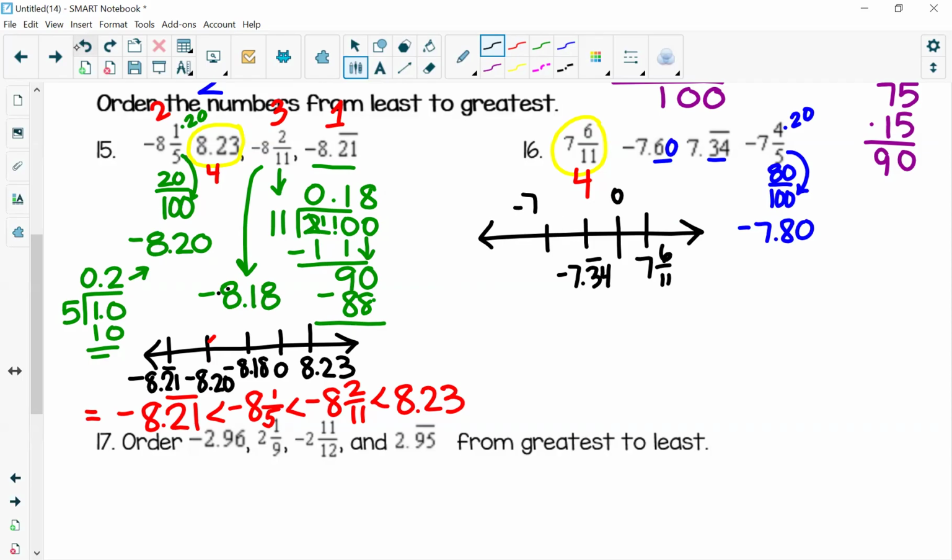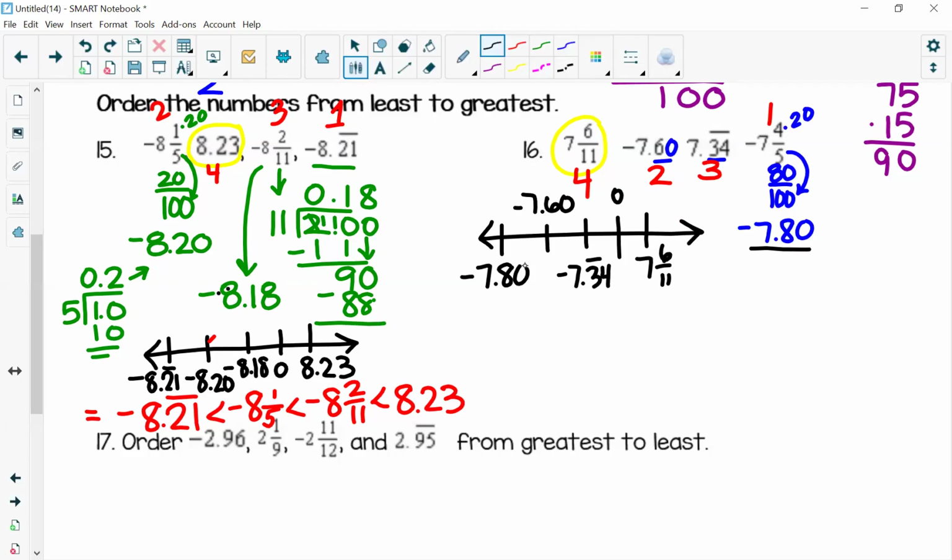Okay, I'm going to go negative 7 and 60 hundredths. That's my biggest one. Then this one's going to be 3, 2, and then this will be my smallest. Like getting turned around here, people. So my last one would be negative 7 and 80 hundredths.